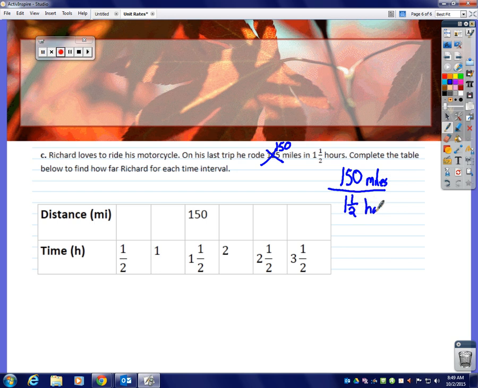You are going to top in, bottom out, 150 divided by 1.5. Make it mad, KFC. And that will get you what it is for 1 hour. After you get the 1 hour, you should be able to fill in the 2 hours, the half, the 2.5, and the 3.5.